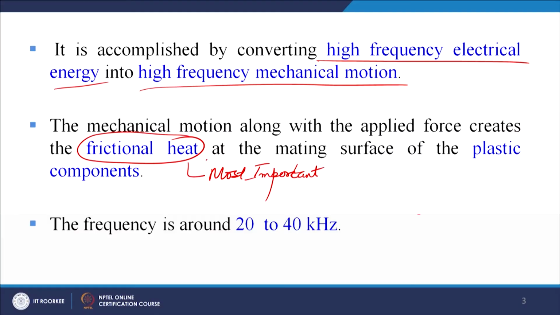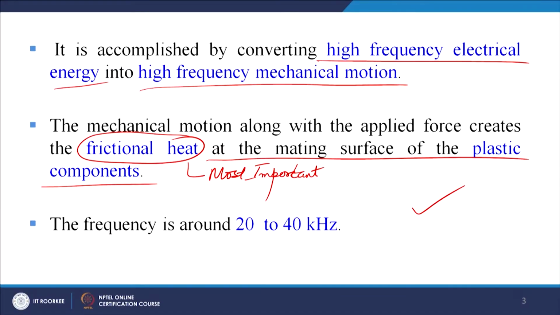So this is the movement between the two pieces, and at the joint interface localized melting and resolidification of the thermoplastic may take place, forming a joint between the two plastic parts. The frequency, as we have already discussed, is in the range of 20 to 40 kilohertz.